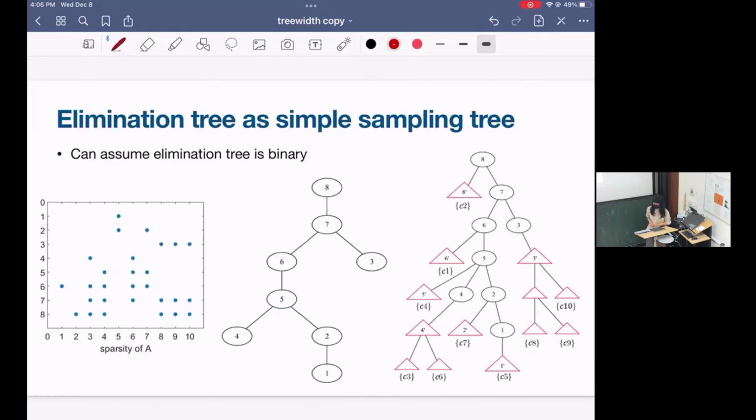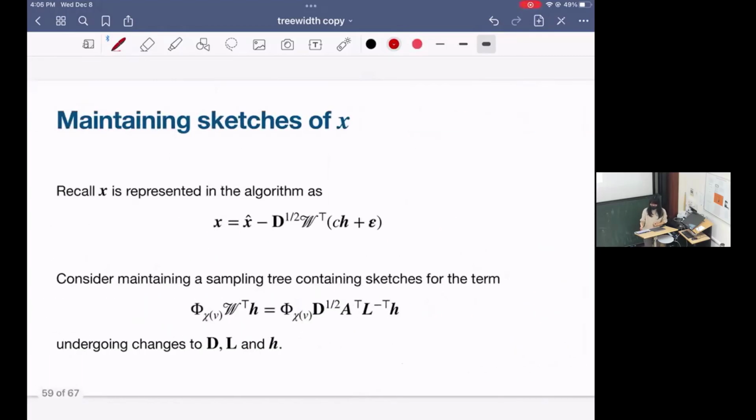Okay, and so one last thing is, how do we define the sampling tree? Remember, because we need to update D, L, and H at every node of the sampling tree, when they update, we need to be able to avoid doing work that might be unnecessary in case nothing actually changes.